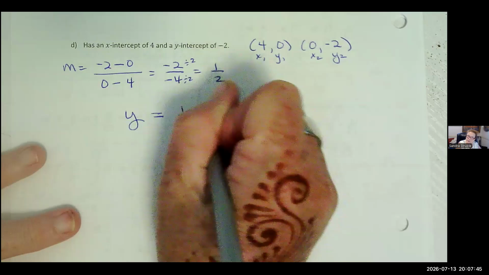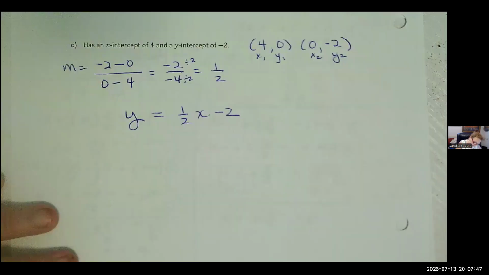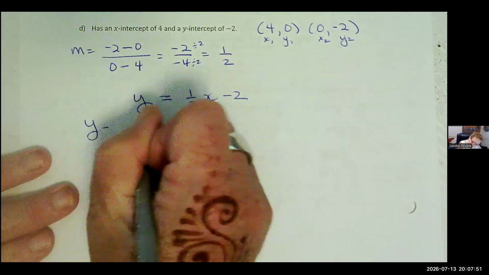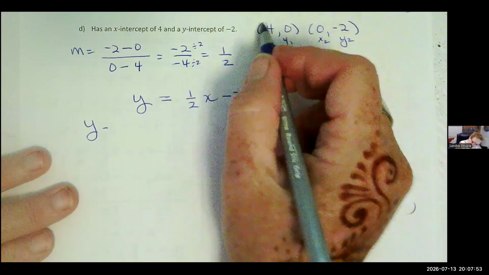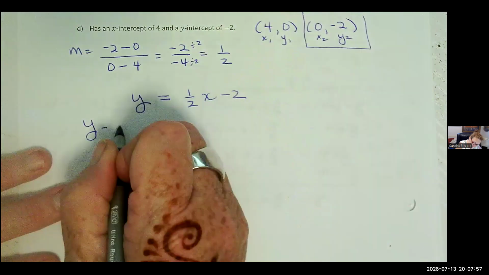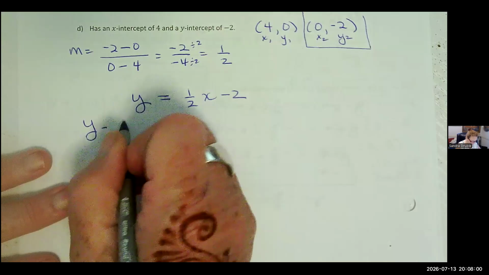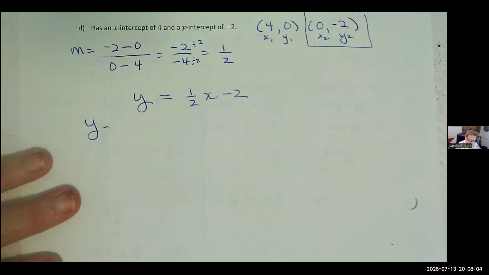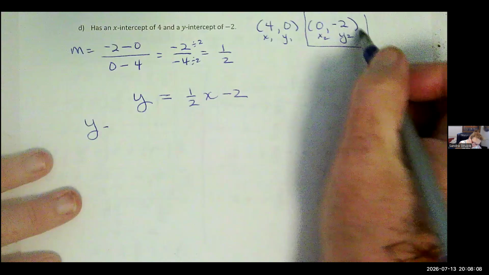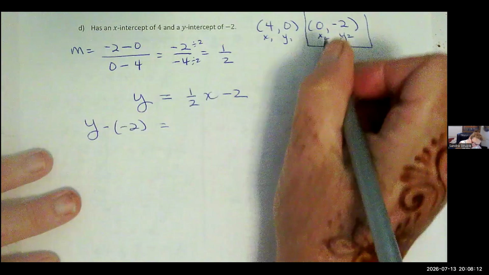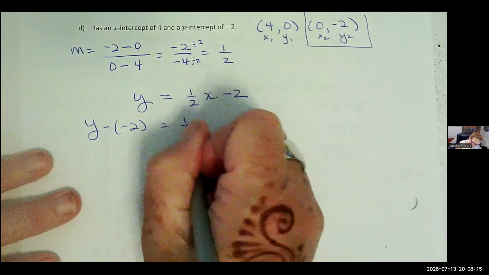If we wanted to do this in point-slope form, y minus y sub 1, I need to choose a point. I'm going to choose this one because it's my y-intercept. y minus y sub 1, which is -2, equals 1/2 times x minus x sub 1, 0.